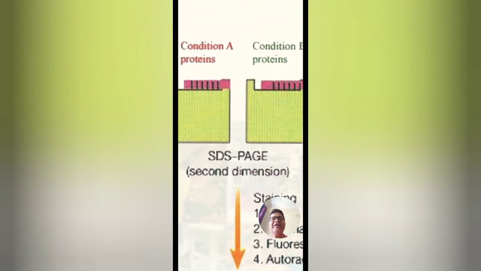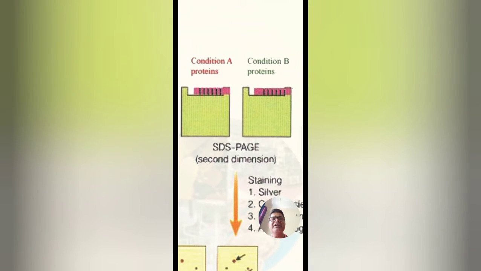If you see the two rectangular shape structures, that is the apparatus of SDS-PAGE for sample A and sample B. Sample A is the disease one, and sample B is the normal person's protein sample.